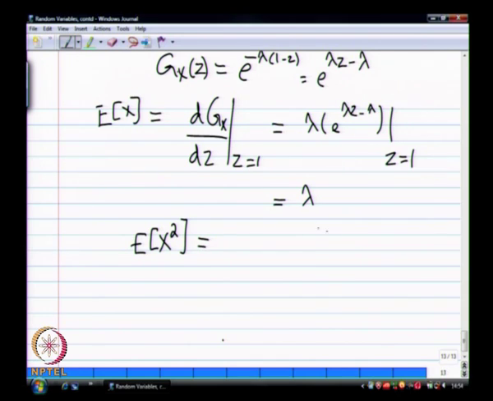This again we said is the second derivative.